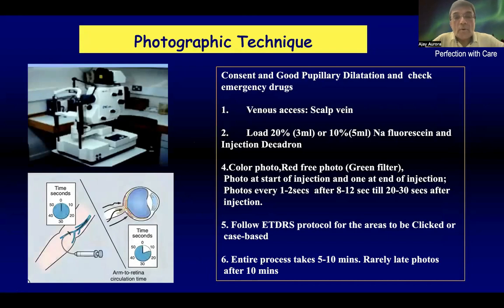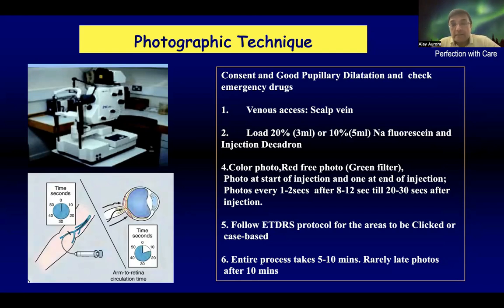Now, how do we go about doing it? We take the consent of the patient, have a good pupillary dilation, ensure that all the emergency drugs are in place, get a venous access, and then we load the dye in a syringe. We also simultaneously load injection Decadron, and we go about taking the color fundus photograph and the red-free photograph, and the moment we start injecting, we take a photograph again.